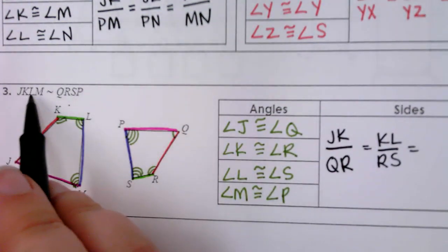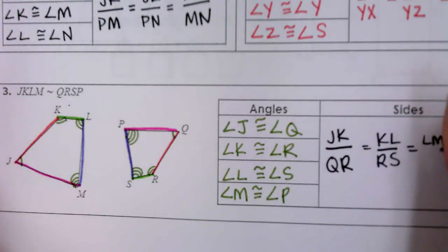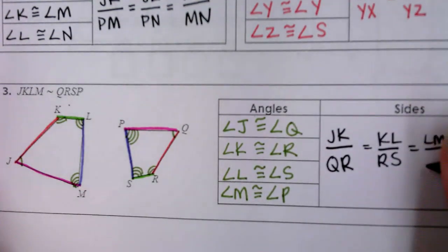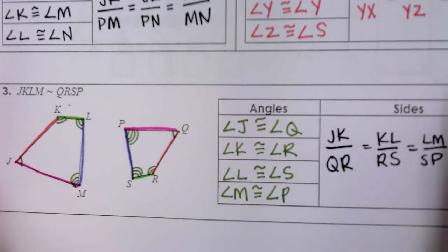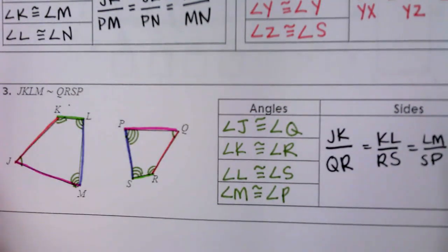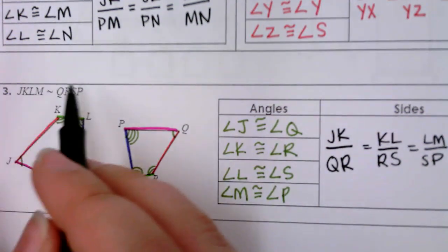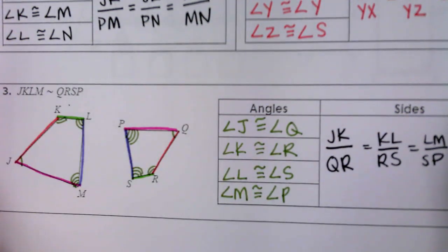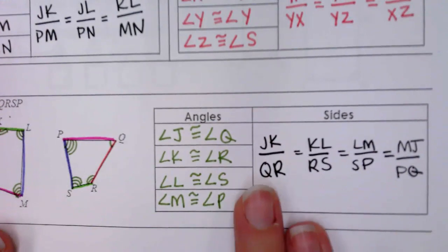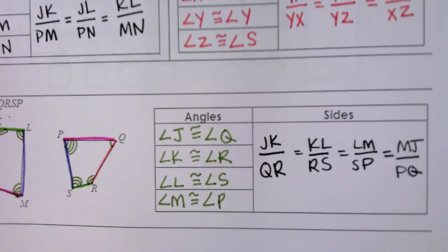Then we have LM, which is corresponding with SP, which are the purple sides. And the last one's MJ, which corresponds with PQ. Those are the pink sides. Oh, and that went off a little bit. I'm sorry about that. So there is your proportion set up for the sides of this one.